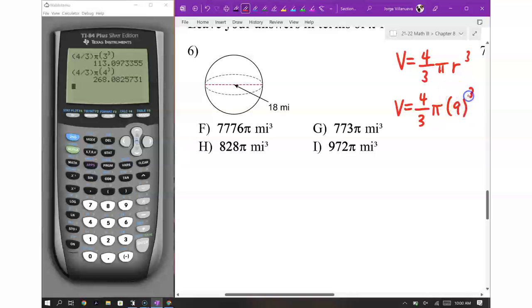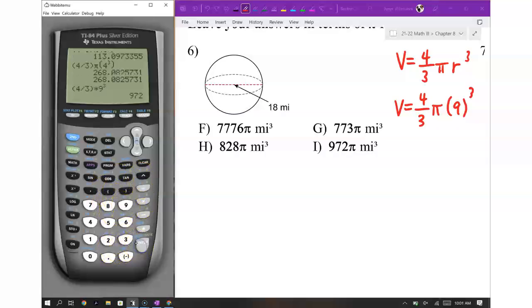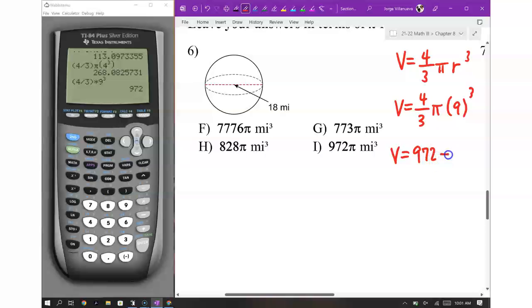So there we go. Now, on my calculator, I'm only going to put 4/3 times 9 to the 3rd. That's 972. 972 pi. Remember, I didn't put the pi in there, right?